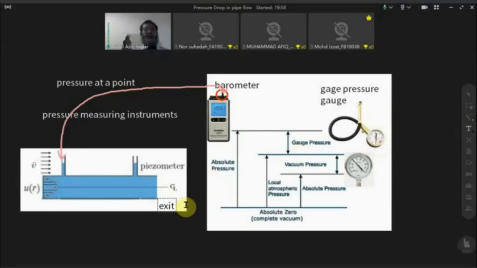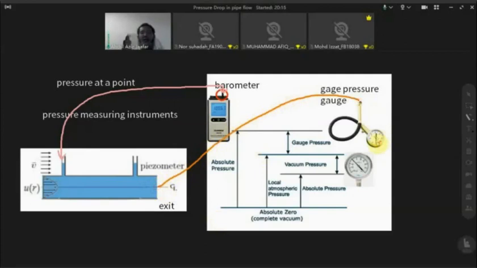The lowest value is 0, which corresponds to 0 gauge pressure at atmospheric pressure.